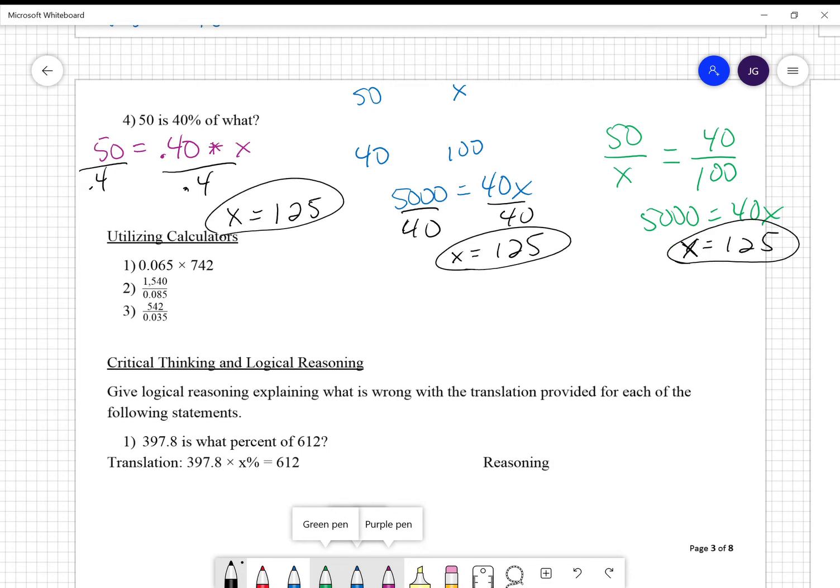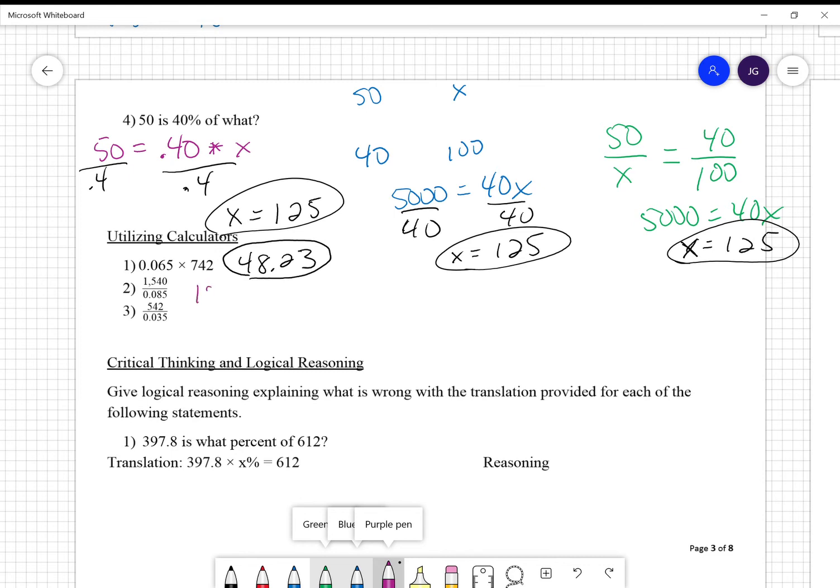Okay, the next section, just practicing to make sure you know how to use your calculator. The first problem, 0.065 times 742 is 48.23. Number 2, 1,540 divided by 0.085 is, I'm going to round this to the nearest tenth, 18,117.64.